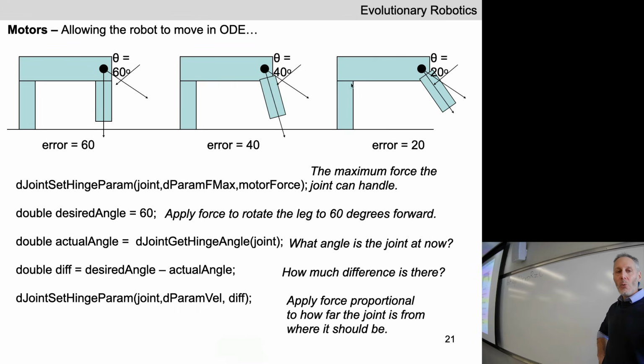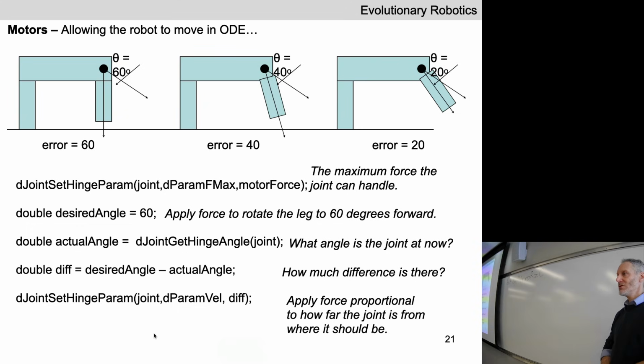We still want the desired angle to be 60. We're keeping the desired angle the same. Now the difference is 40. We have a desired angle of 60 and an actual angle of 20. 60 minus 20 is 40. So now we're sending 40 into this function.